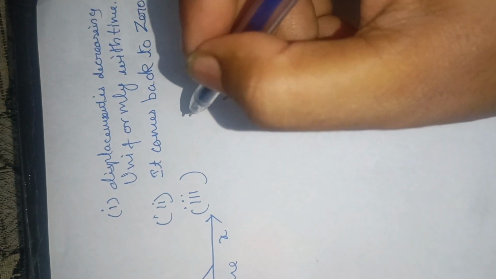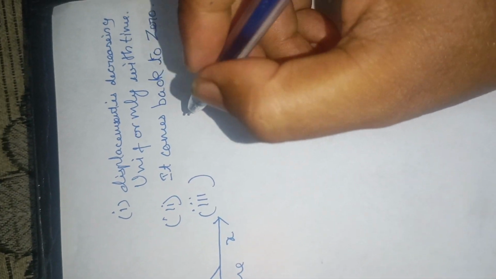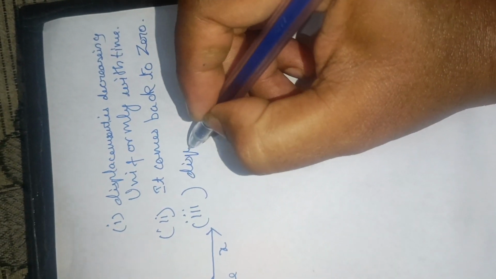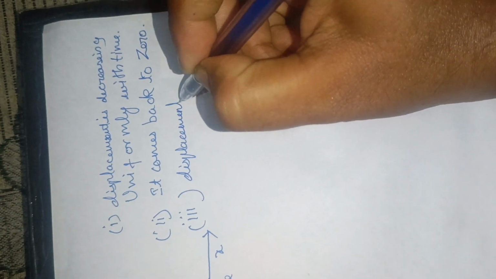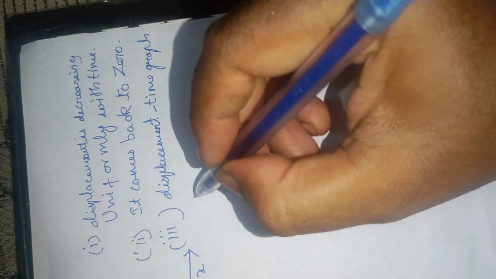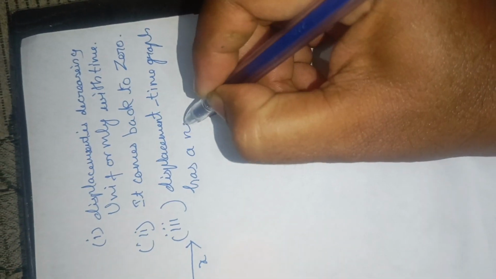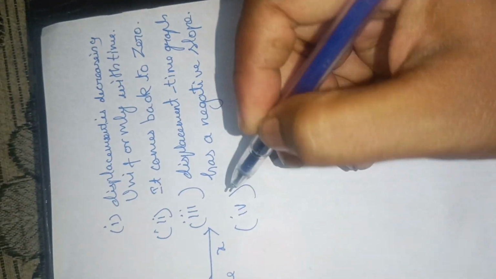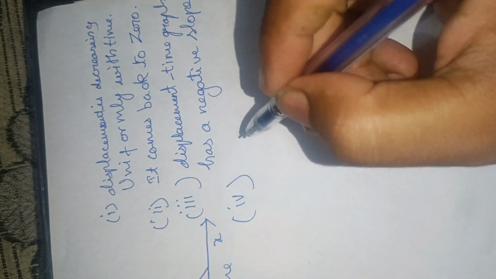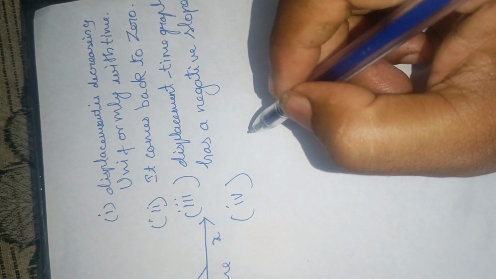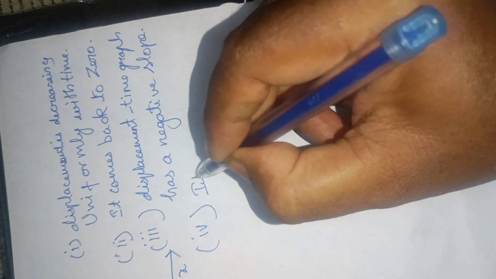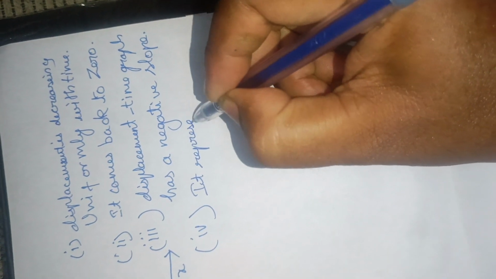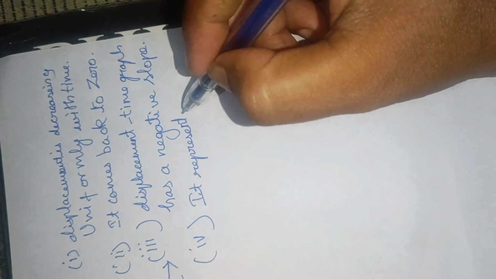It has a negative slope. The displacement time graph has a negative slope. Next, and last but not least, the point we are going to discuss is that it represents uniform negative velocity.